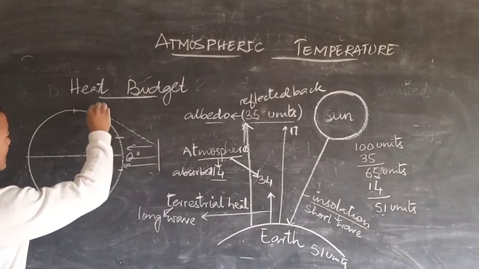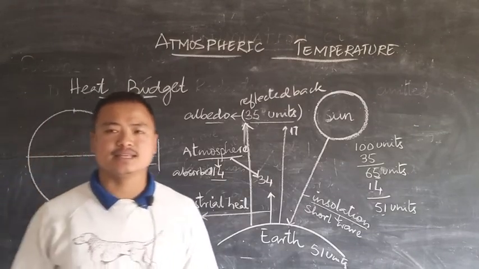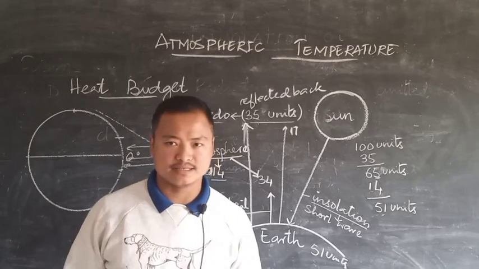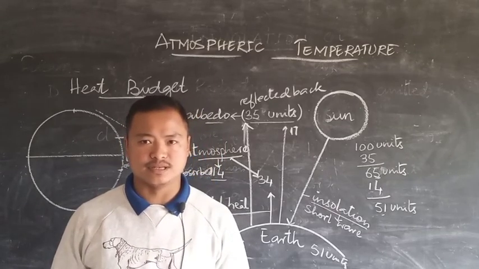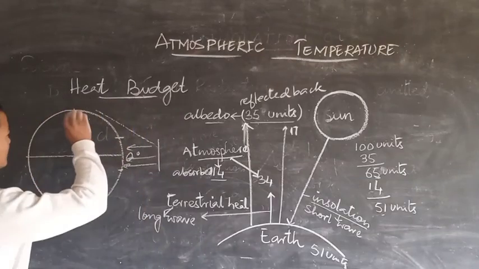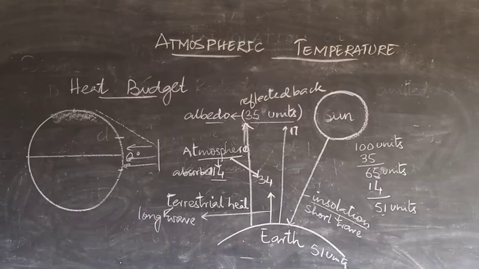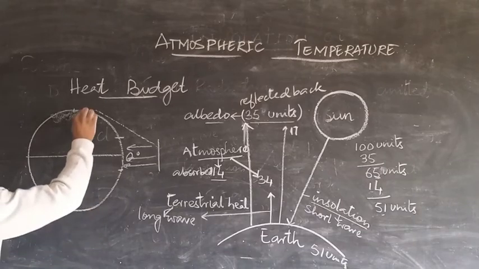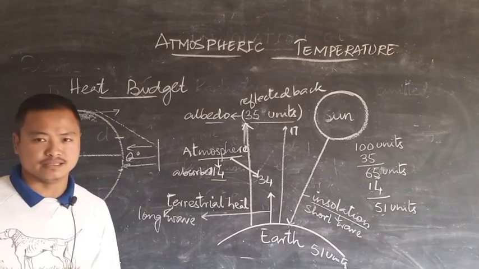But as we go to higher latitudes, the insolation received is less, because they mostly receive the slanted rays of the sun. The higher latitudes are also mostly covered by snow, and here it is maximum radiating back rather than receiving the insolation.